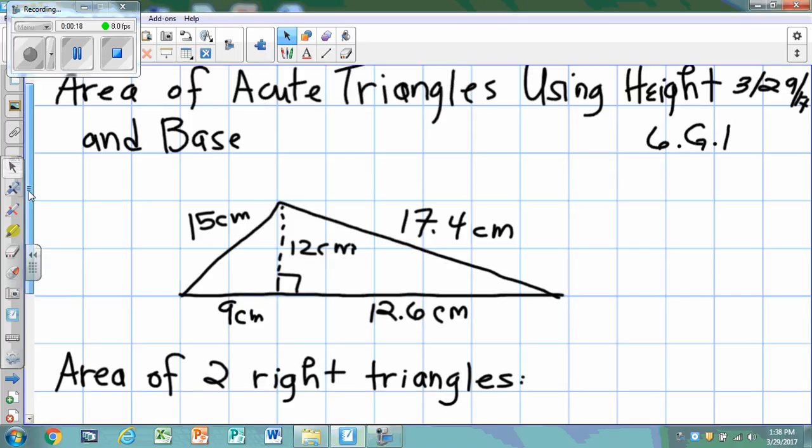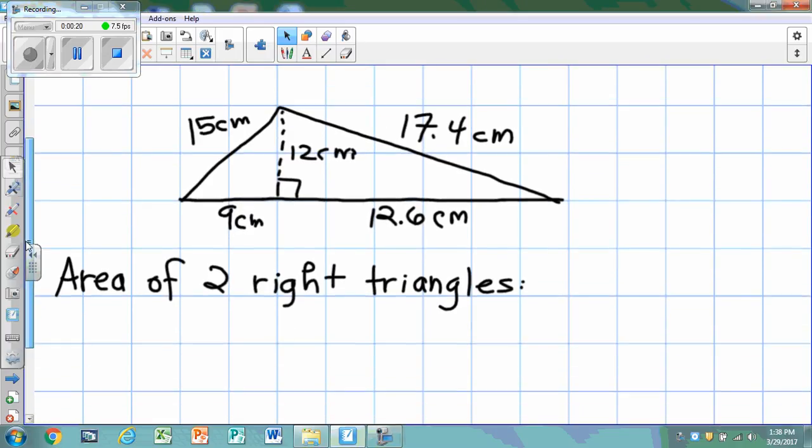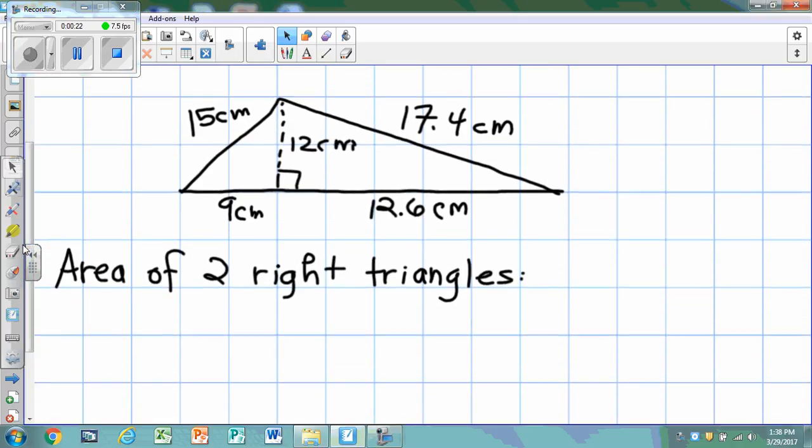If we're taking a look at the picture here, we're looking at a triangle, but they have done something interesting with it. We can see two right triangles within this one triangle. The first triangle is here, and the second right triangle is here.